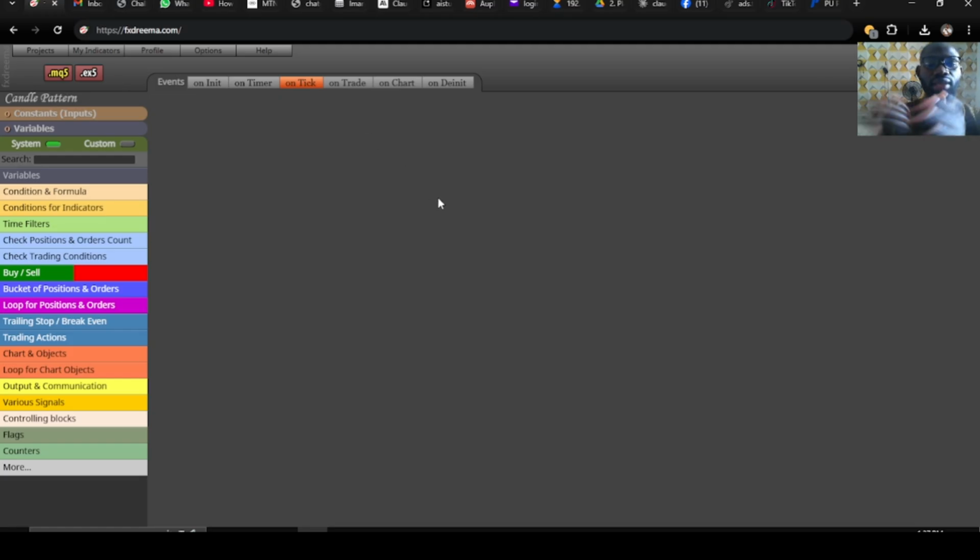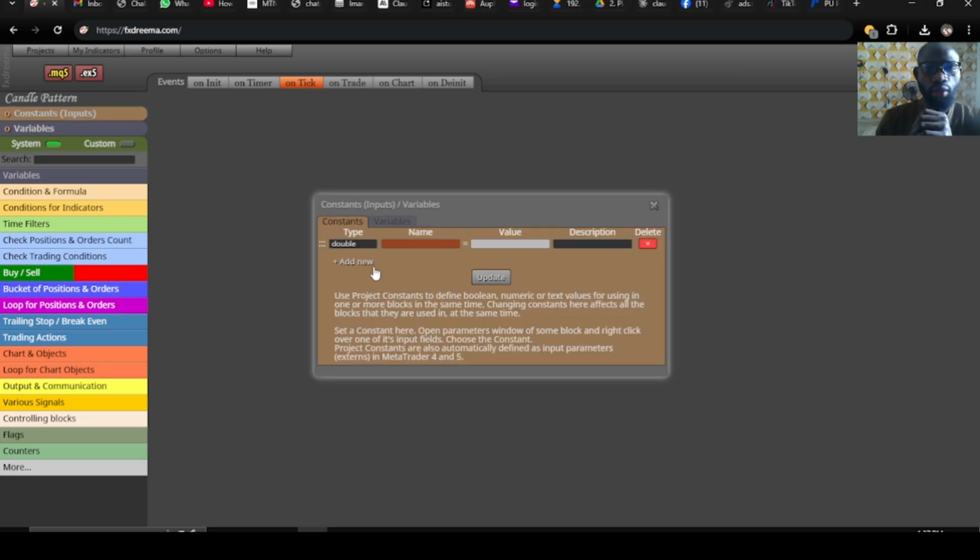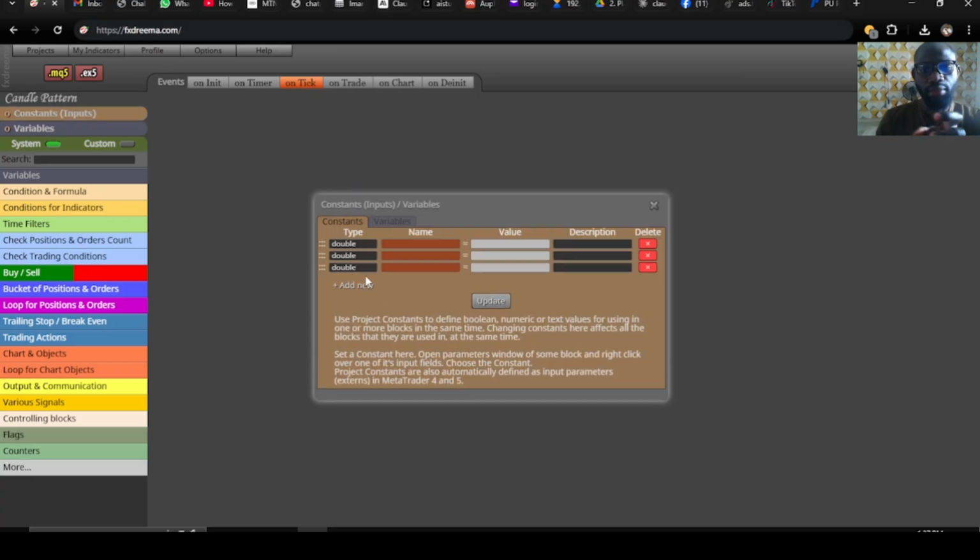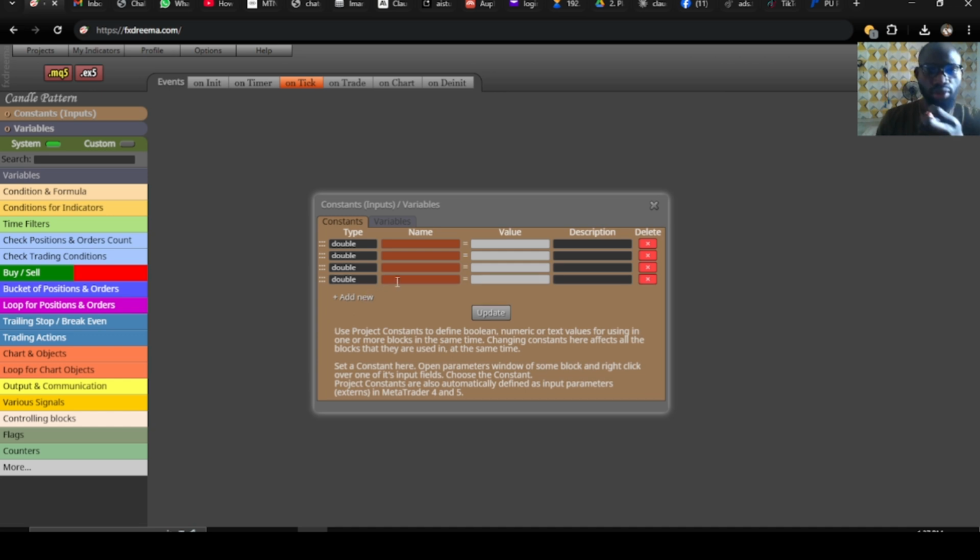All right, so the next thing we are going to do is to create constants. Constants are like names given to values so that you can easily identify them and modify them. I've explained this in my advanced class, so for those that are in my advanced class, they already know what constants stand for.